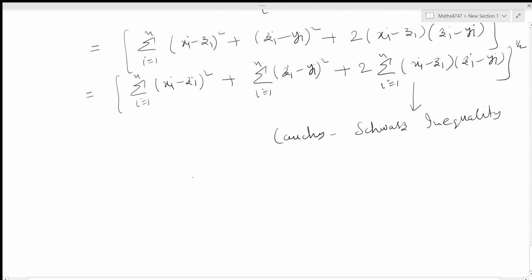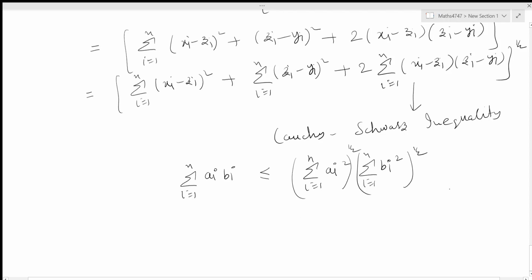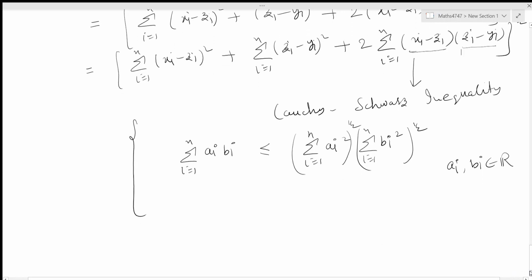The inequality is the summation of ai bi, i from 1 to n, is less than or equal to the summation of ai square, i from 1 to n, to the power half, times the summation of bi square, i from 1 to n, to the power half, where ai and bi belong to R. So this is your Cauchy-Schwarz inequality, so we have to use that. xi minus zi is also a real number and zi minus yi is also a real number, so we can apply this Cauchy-Schwarz inequality. What we get, just replace this.